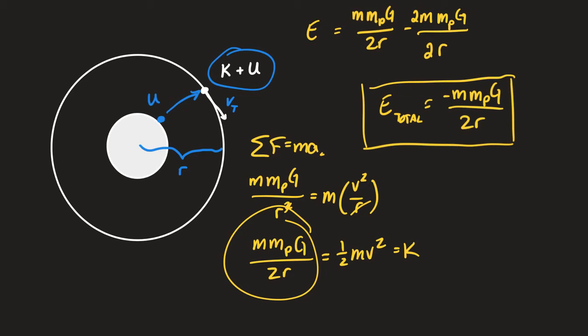Okay. 4 big takeaways. Gravitational potential energy is negative because our reference is taken at infinity. The escape velocity comes from the amount of kinetic energy required to get you to a point where the force is 0.